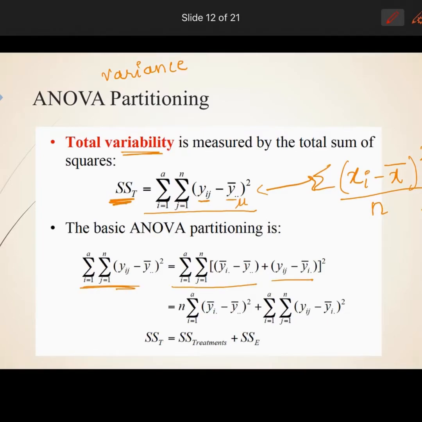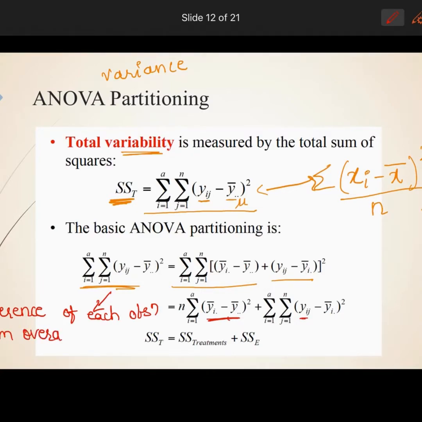So another way of writing down the total sum of squares is with respect to the difference of each treatment mean from the overall mean and the difference of each observation from its treatment mean. So this component for us is the difference of each observation from the overall mean.